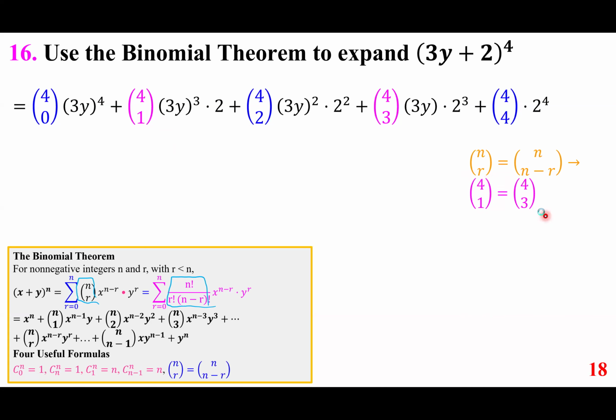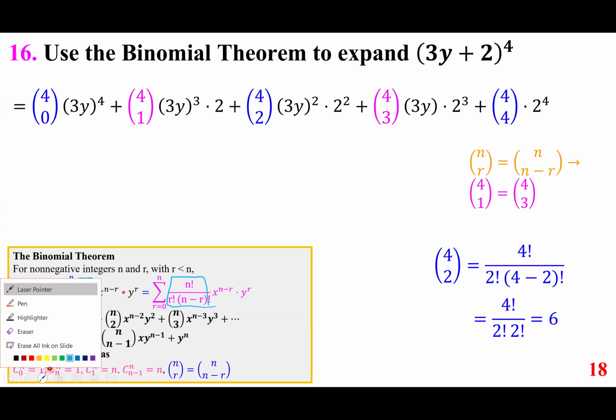So let's evaluate 4 choose 2, which is 4 factorial over 2 factorial times 4 minus 2 factorial. So this is 2 factorial, this is 2 factorial, which makes it 4. And this is 4 times 3 times 2 times 1, and it simplifies to that. If you want, you can do it this way, everybody.